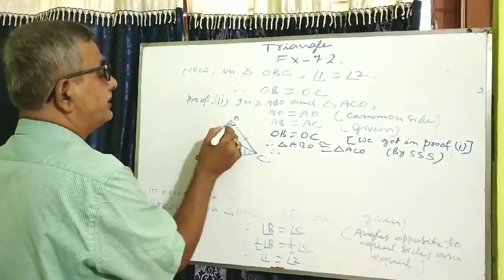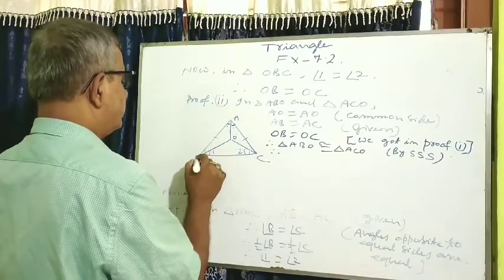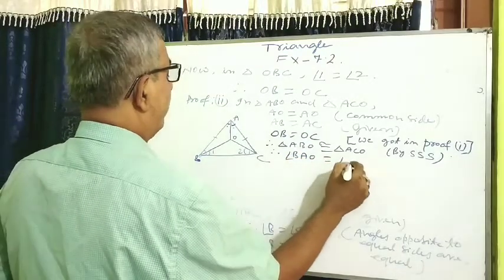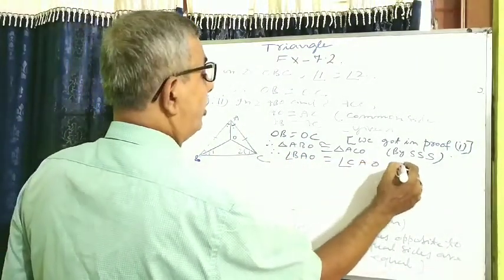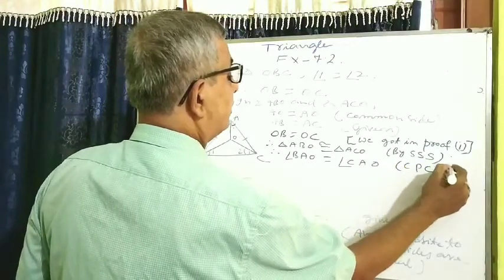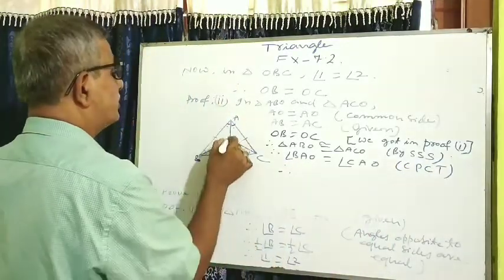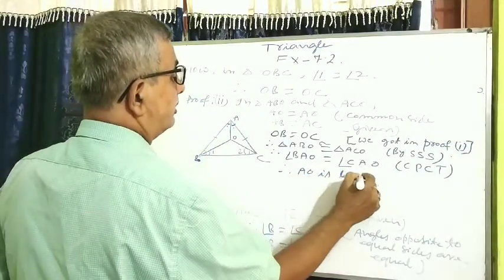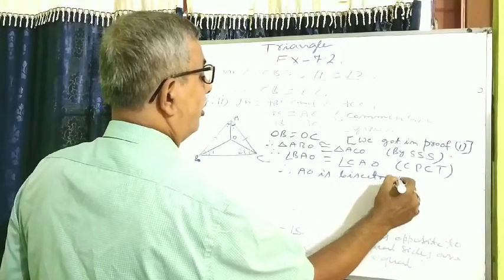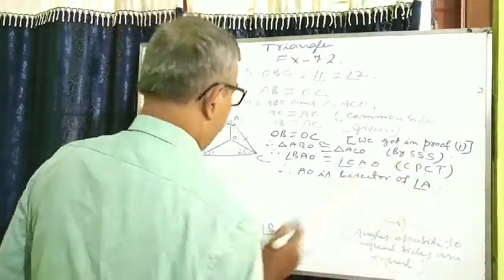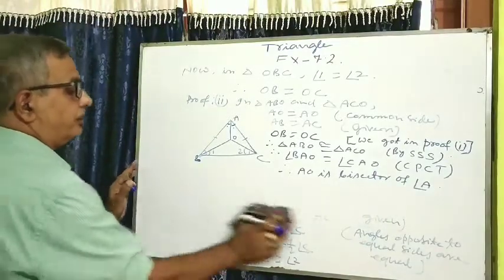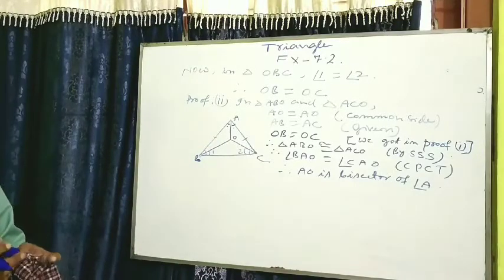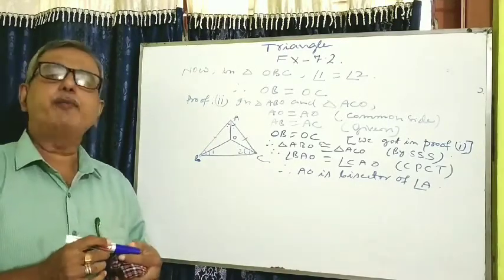What is the name of this angle? Therefore, angle BAO is equal to angle CAO, CPCT. Therefore, what happens? AO is the bisector of angle A. It is solved.